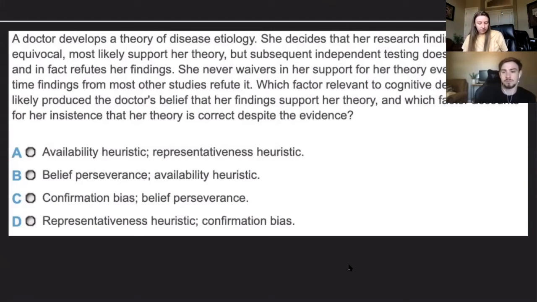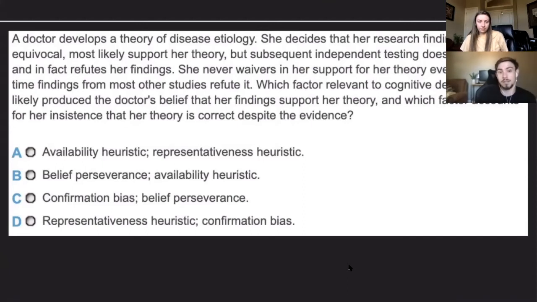Which factor, relative to cognitive decision making, that's fluff, so I'm not going to read it. Which factor produced the doctor's belief that her findings support her theory, that her equivocal, which I guess means controversial theories, most likely support her theory? Well, she was probably looking for something that's going to confirm her theory, right?